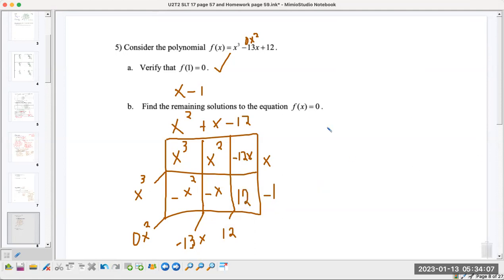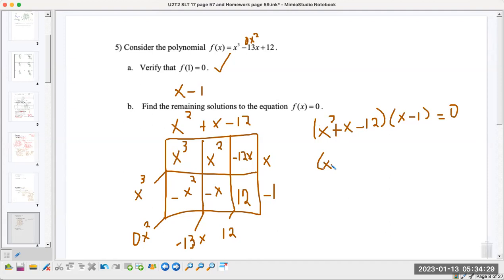Okay, now we can find our solutions. x squared plus x minus 12. That's a factor. Your quotient is a factor. And now your divisor is a factor. And you set them both equal to 0 and solve. Okay, you got to factor this.